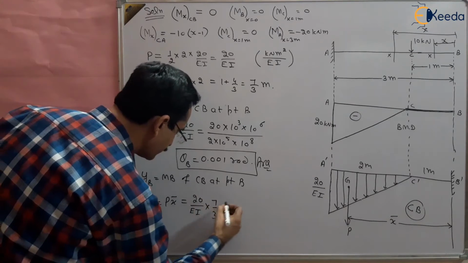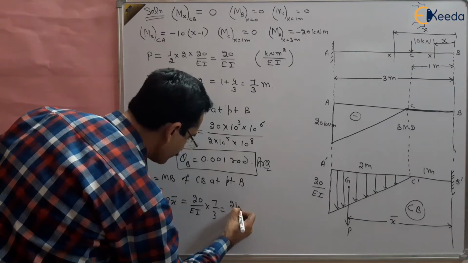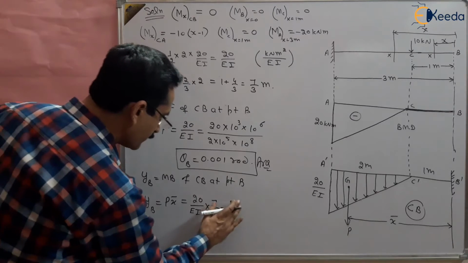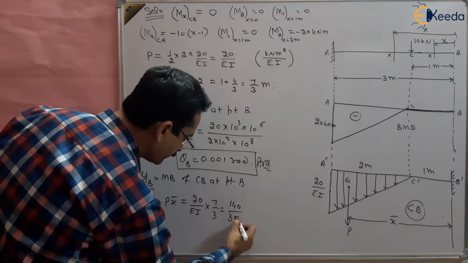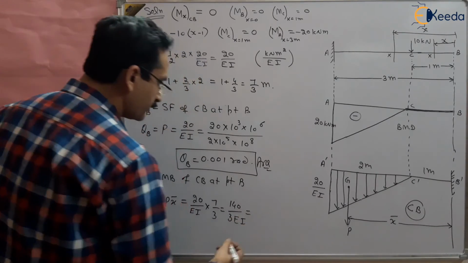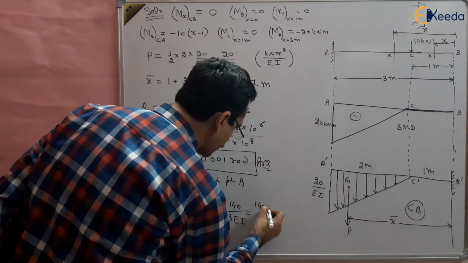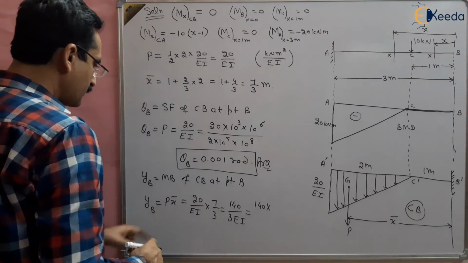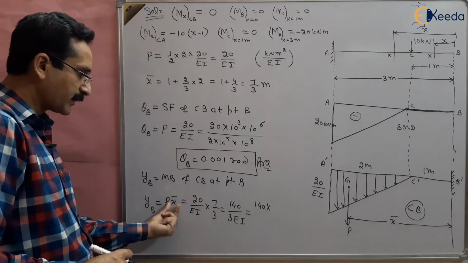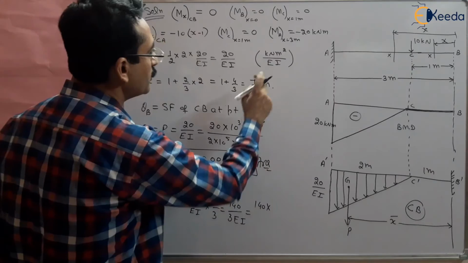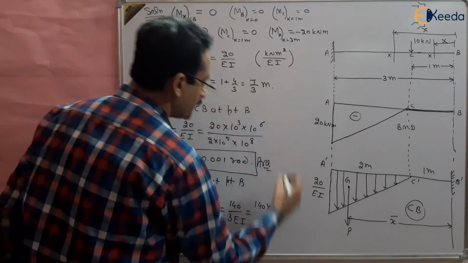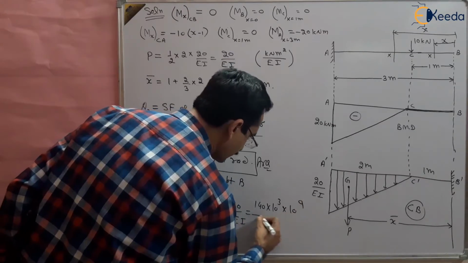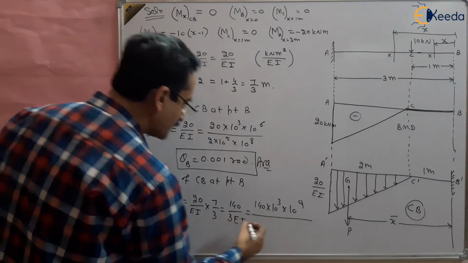So this will be equal to 140 by 3 EI. Solving it, the unit is kilonewton meter square multiplied by meter again, so kilonewton meter cube, and kilo meter cube is 10 power 9 millimeter cube, divided by 3.